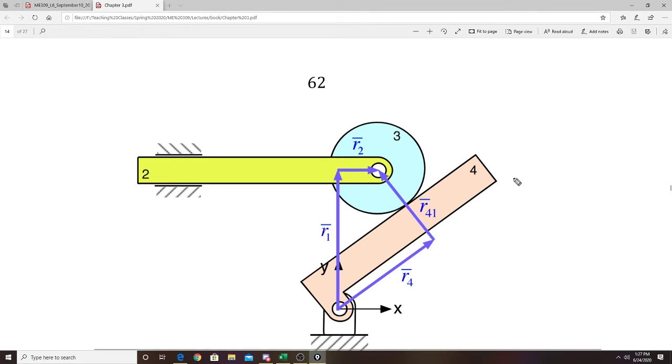Can anybody see how this one is different than ones we've had before? Why is this one different than what we've had before? Remember that link 2 is always the input, right?